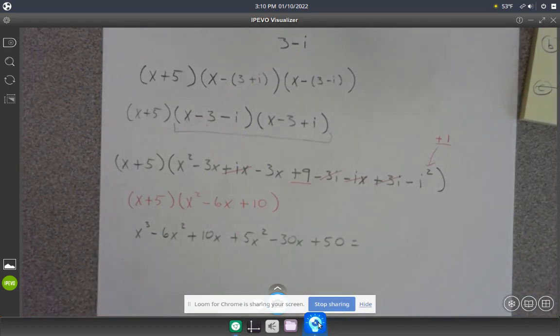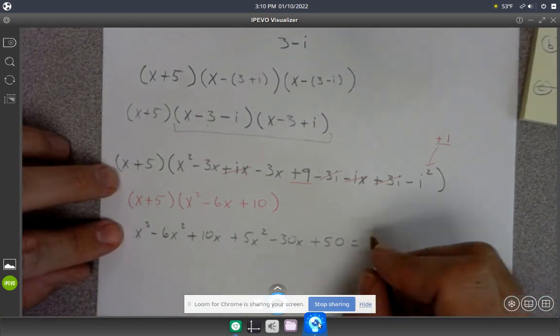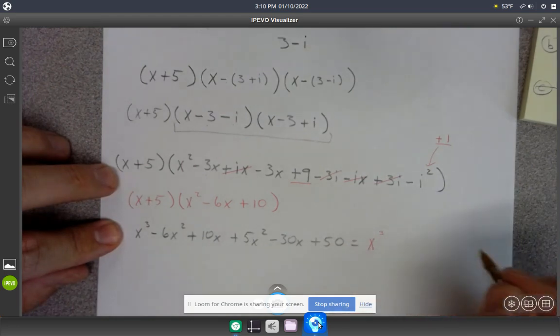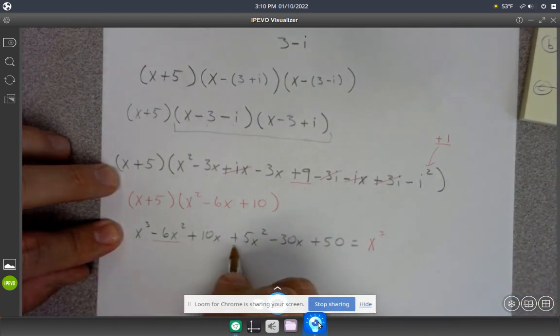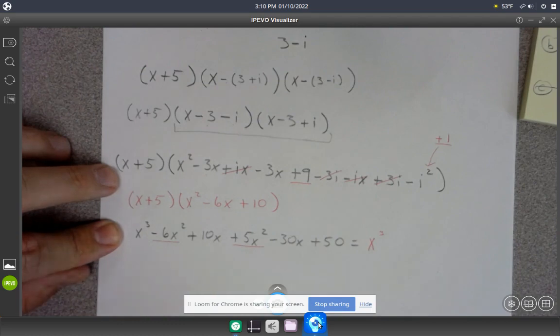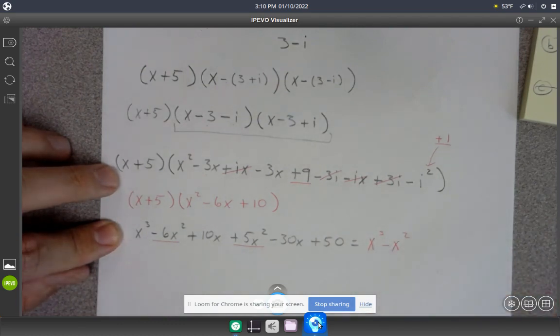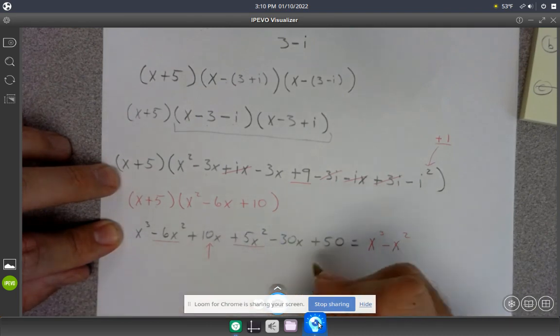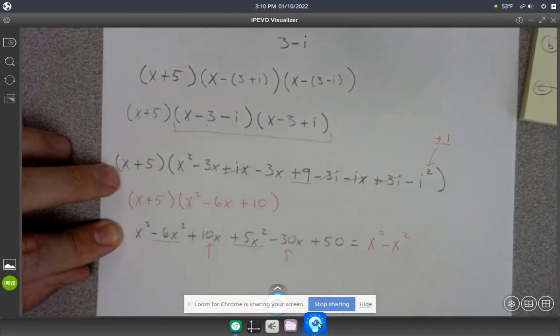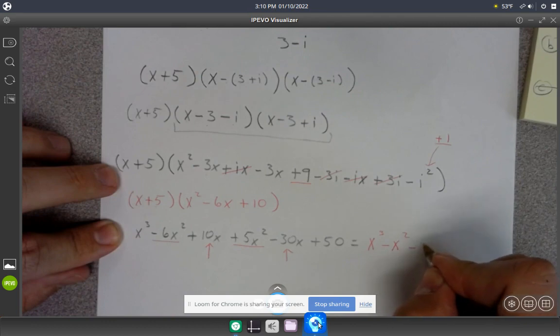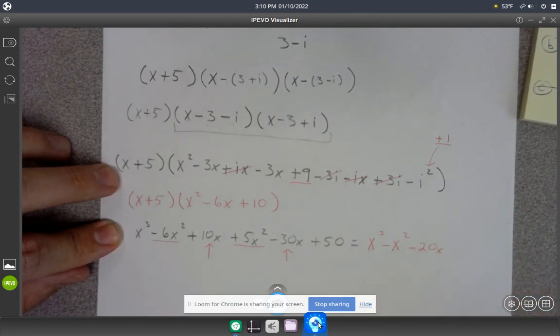And then we'll combine like terms. x cubed. All right, I've got a negative 6x squared and a positive 5x squared. That'll be negative 1x squared. I got a positive 10x and a negative 30x. That'll be a negative 20x. And then there's the positive 50.